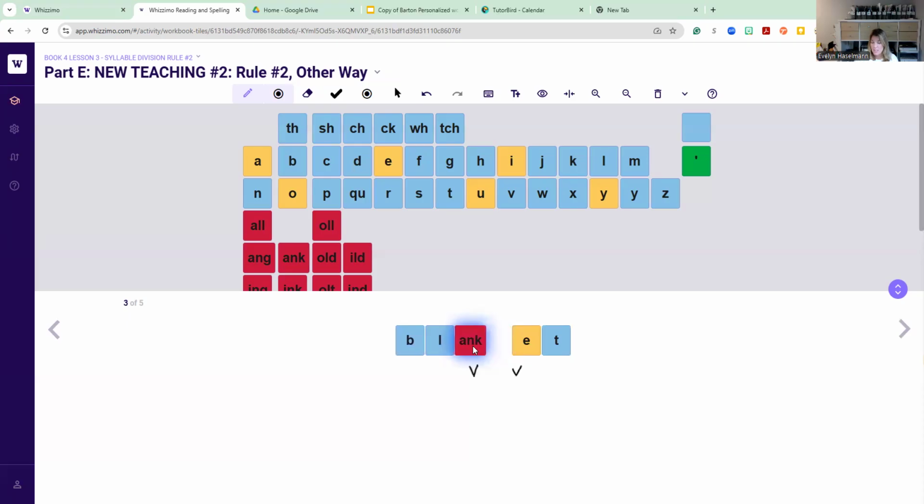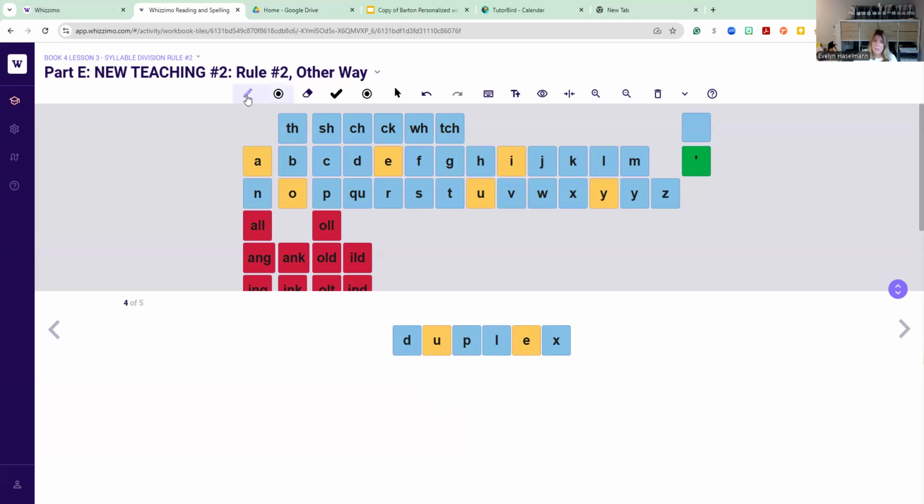And so we put them on a red tile to remind the students, hey, this is something different. Okay. So you're simply going to have to pull these apart. We cannot separate this unit. It has to stay together. So blank et. Okay, now this is the last one. One's a little bit confusing.